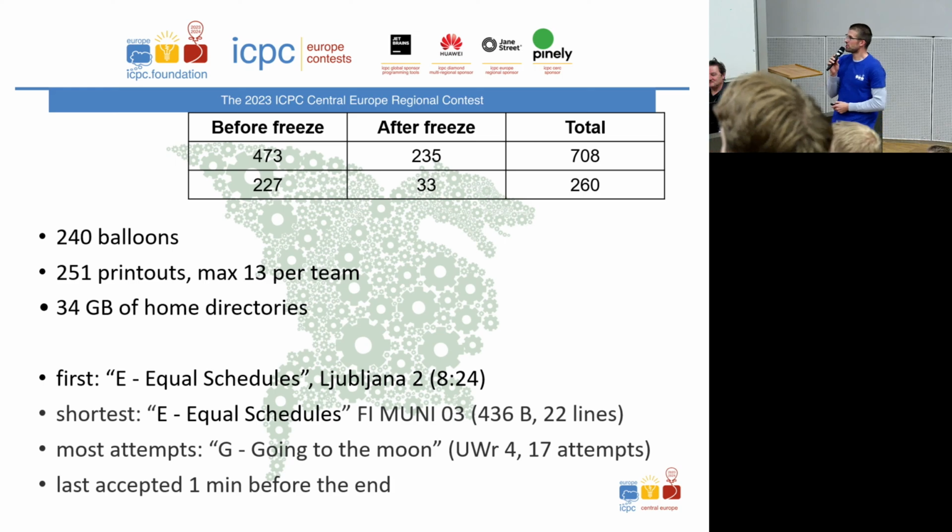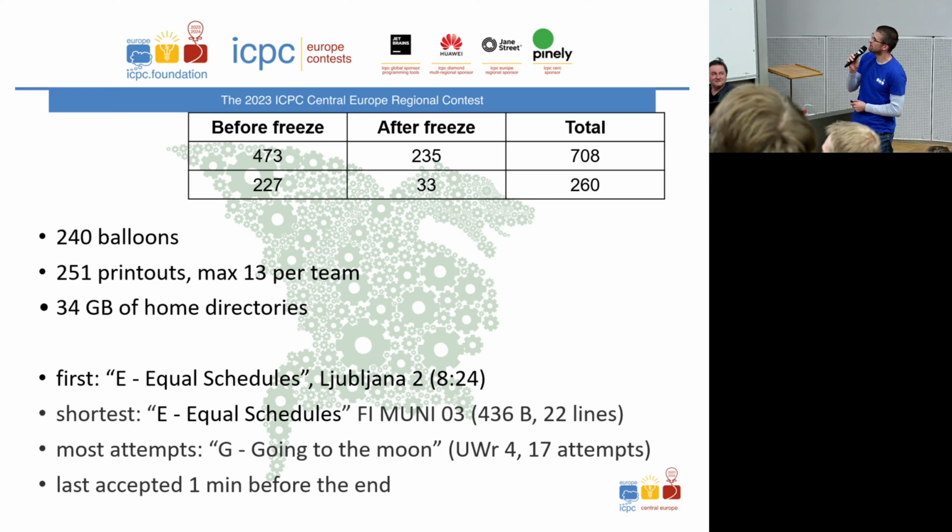So next special mention goes to the shortest solution, again for equal schedules, this time by team FI Muni 3, which is, I think we should be precise here, 436 bytes or 22 lines. And the final special mention goes to the most persistent team, which was University of Wrocław 4, with 17 attempts on problem G, going to the moon.